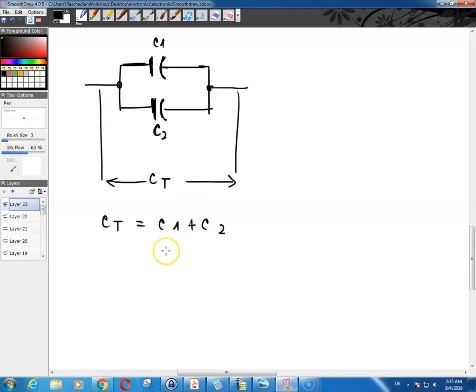And of course you can see that over here positive is connected to positive and negative is connected to negative.